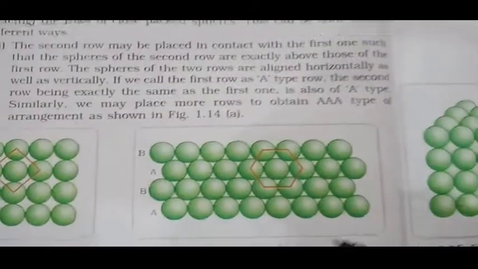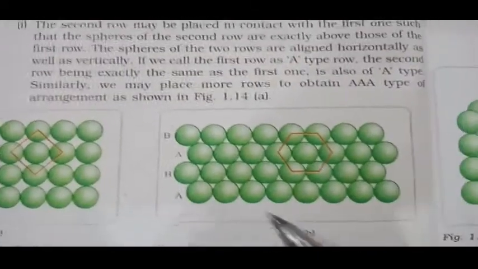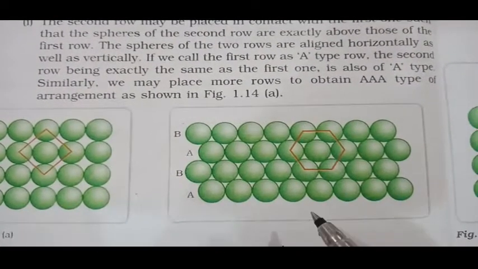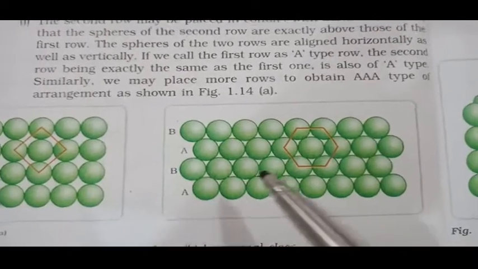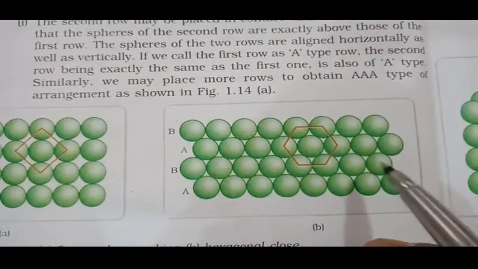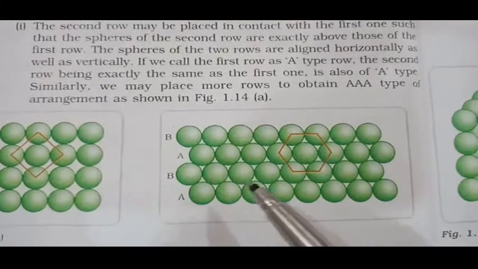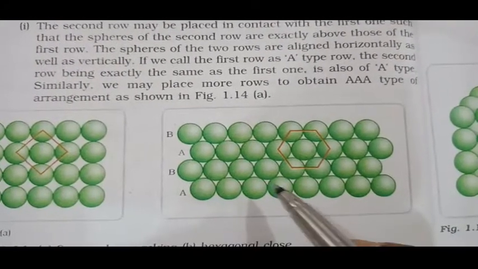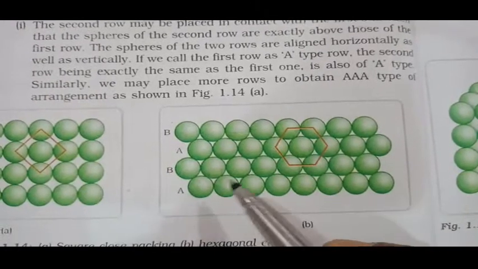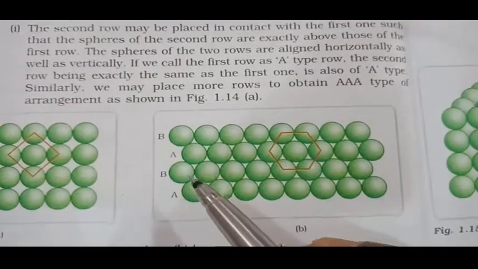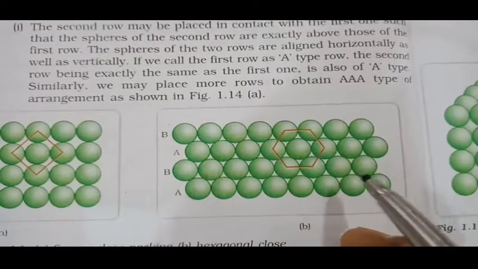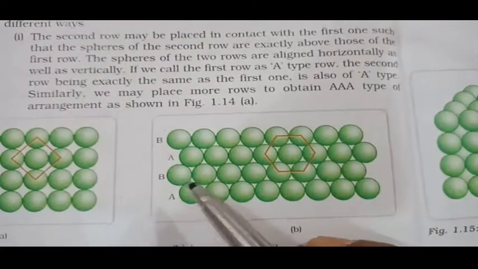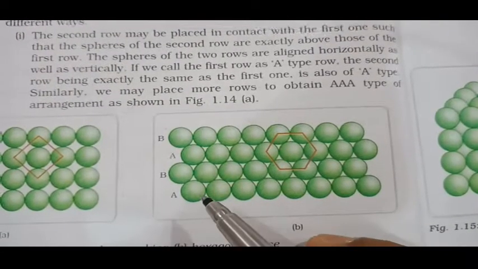Whereas in the other kind of packing in two dimensions, there is a row of spheres, and when you place another row of constituent particles, this row can be placed in the depressions of the first row. Okay, so these are the depressions. Whenever the next row is placed in the depressions of the first row, this next row is termed as B, because it has a different arrangement from A.